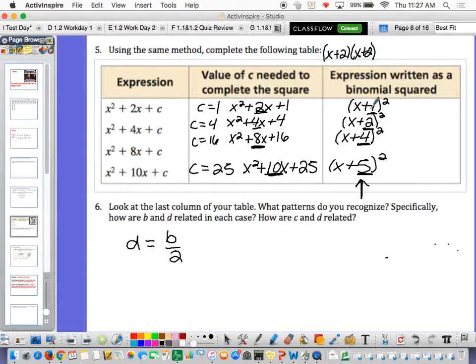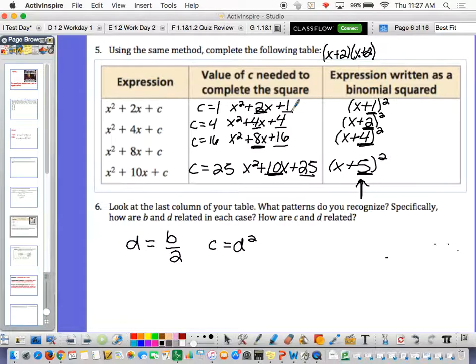What I'm also hoping that you see here is that the C value out here, all of these, the C value is just D squared, right? C equals D squared, right? Because 5 squared is 25, 4 squared is 16, 2 squared is 4, 1 squared is 1, right? I'm hoping that that's what we see.